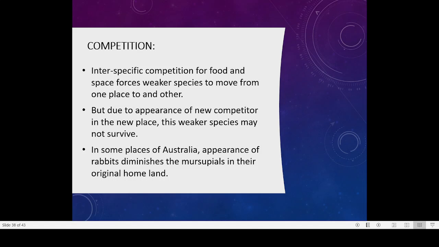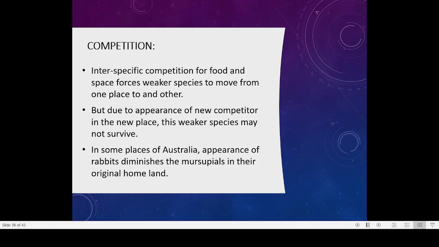So only those species which are more highly adapted can survive. The weaker species means species which do not possess an adequate level of adaptation. They naturally perish. The second species, the stronger, more powerful species, will survive.